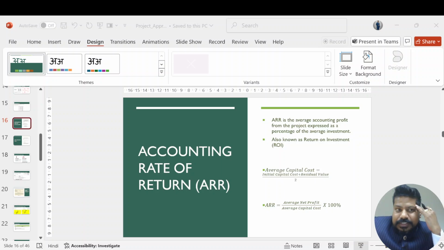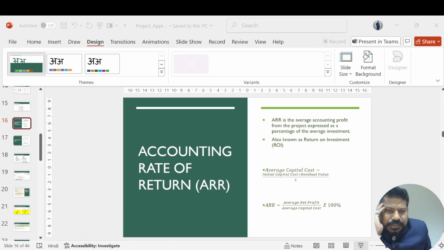All right, let's take an example of accounting rate of return. In year 1, you have net profit of 180,000. In year 2, you have a profit of 60. Year 3, again, you have a profit of 60. Initial capital cost is 1 million. Now calculate the ARR.